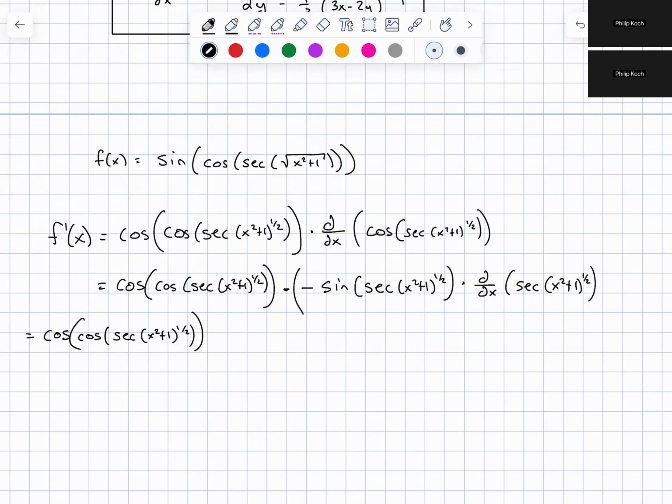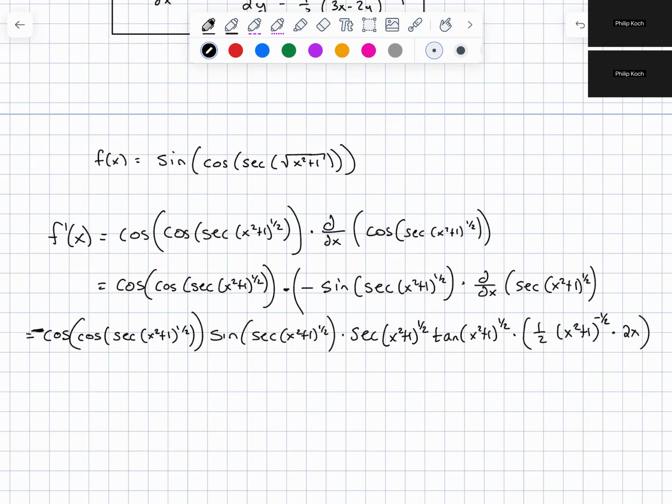I'm going to put that negative sign right out front, actually, so I don't have to deal with that, times sine of secant of x squared plus 1 to the 1/2, times the derivative of secant, which is secant tangent, technically secant of x tangent of x, so it should be secant of x squared plus 1 to the 1/2 times tangent of x squared plus 1 to the 1/2, times the derivative of x squared plus 1 to the 1/2, which would be 1/2 times x squared plus 1 to the negative 1/2 times 2x. And I would leave it like that because we don't need to use it for anything.